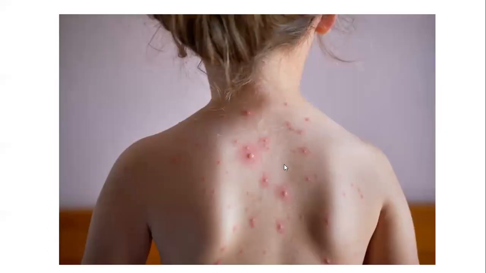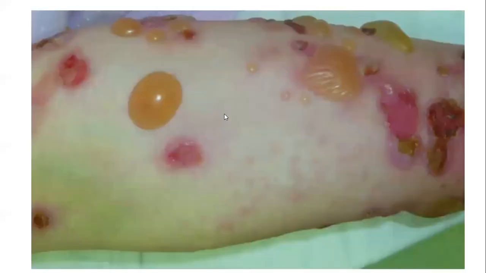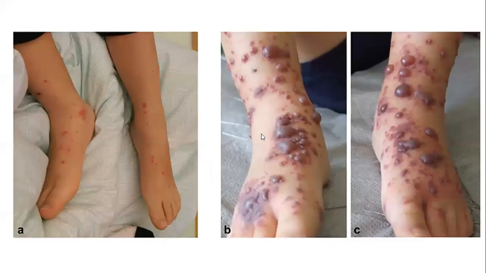So these are small vesicles with surrounding erythema, commonly seen in chickenpox. Then this is a blistering disorder with large, more than 1 centimeter fluid-filled bullae or blisters. These are hemorrhagic bullae seen on the background of vasculitis.